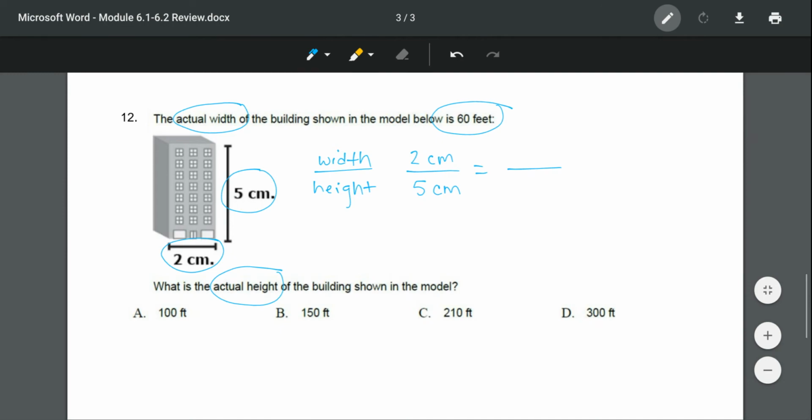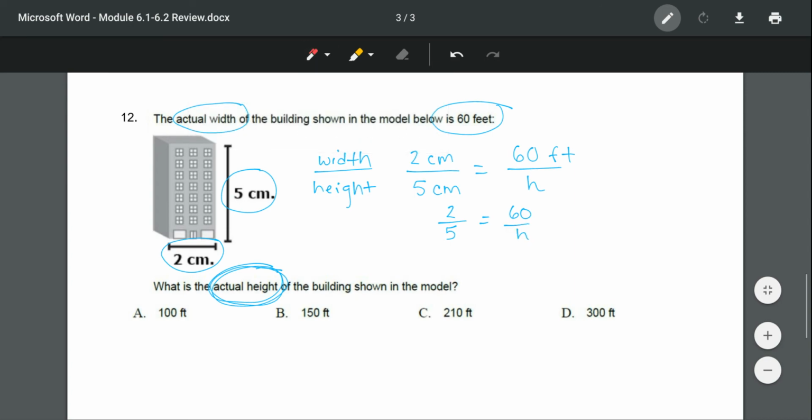So the actual width is 60 feet, so 60 would go in the numerator. And then in the denominator, we're trying to figure out what the actual height would be. I'm going to call that h. Okay, so I'm going to remove the units now that I've set up my proportion. 2 over 5 equals 60 over h.